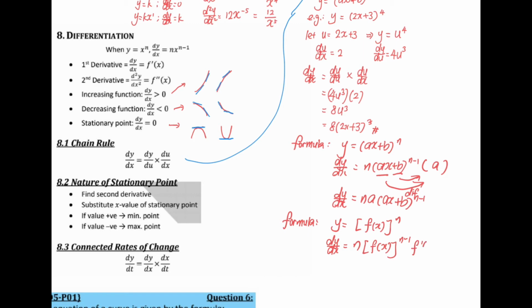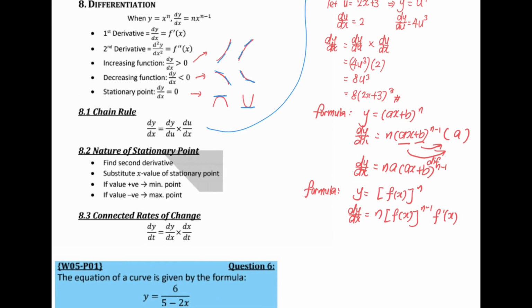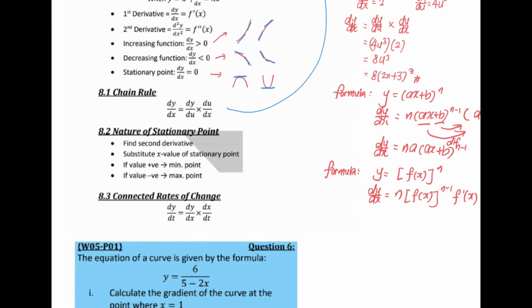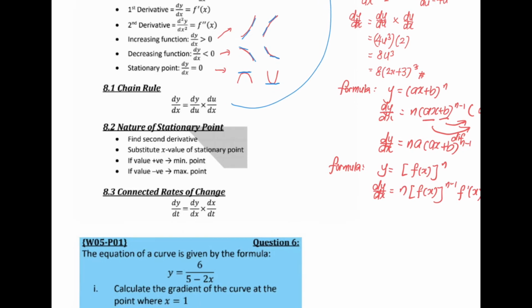Then you have to differentiate everything in the bracket, differentiate the f(x), which becomes f prime of x. So in general we have this as the general way to differentiate something with power n.